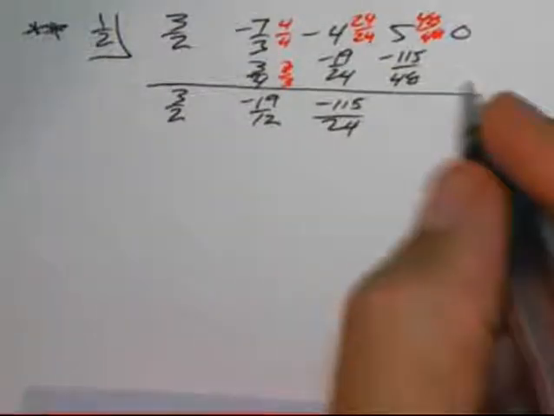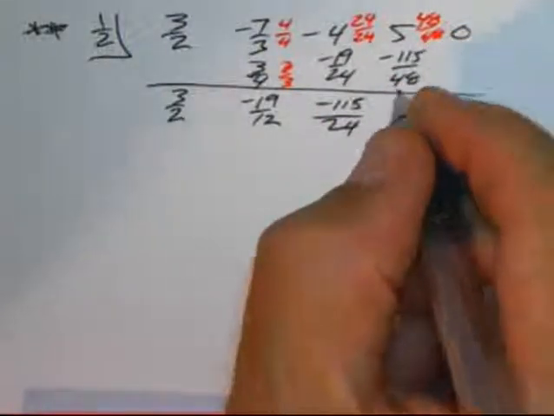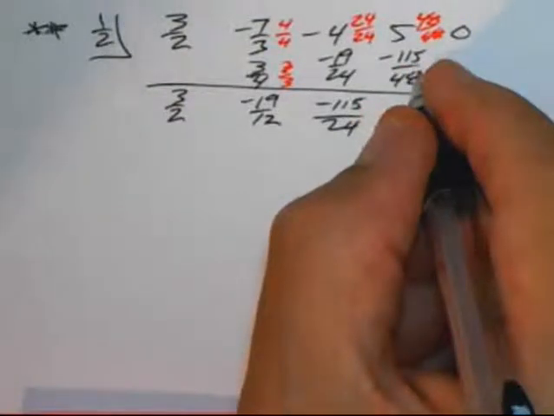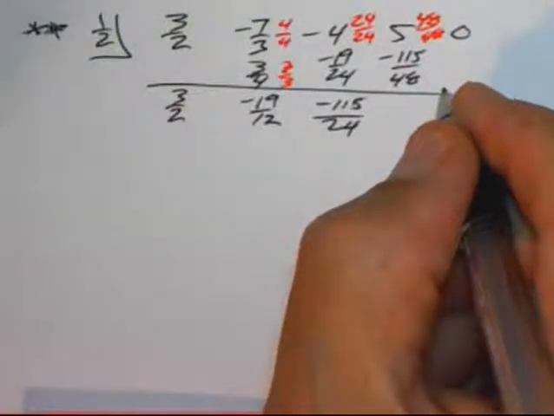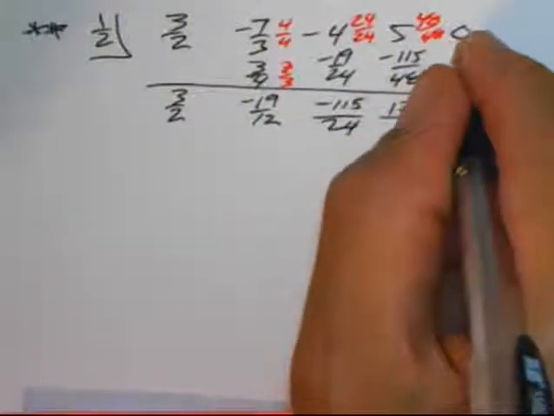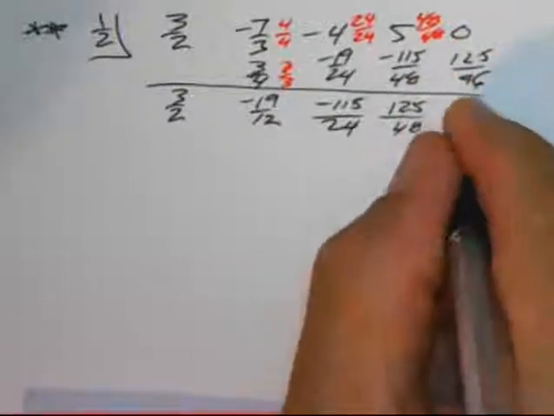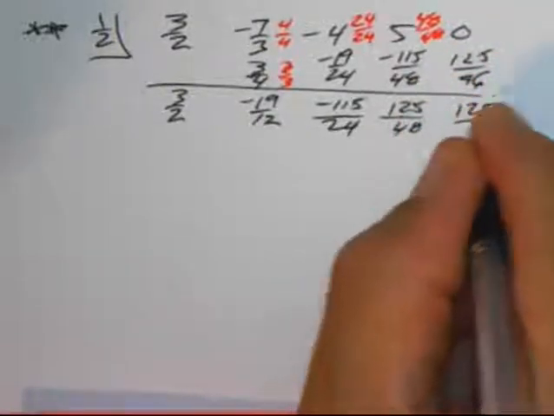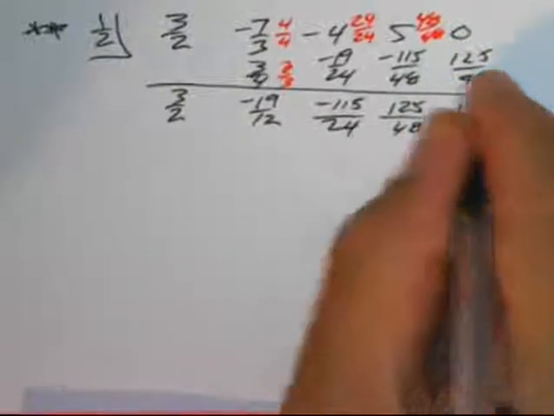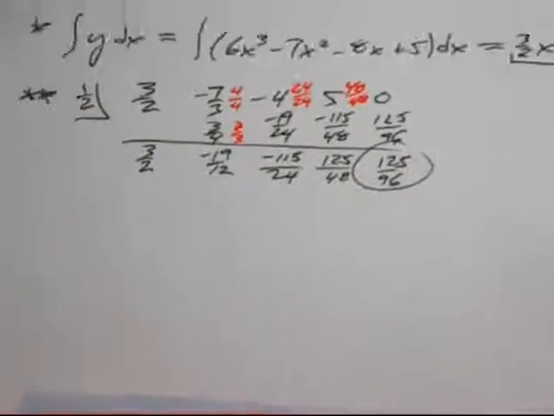So this would give us 240 minus 115 of these. Let's see, 240 minus 115, that's 125. Add. Okay, there's the value of cap F at 1/2.